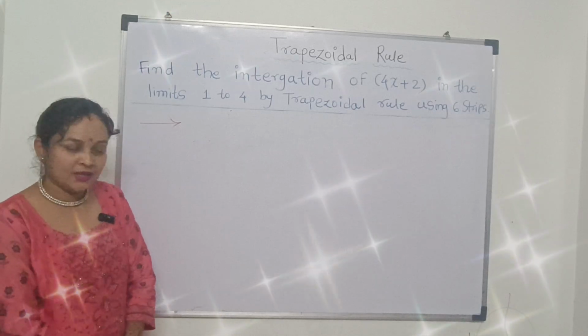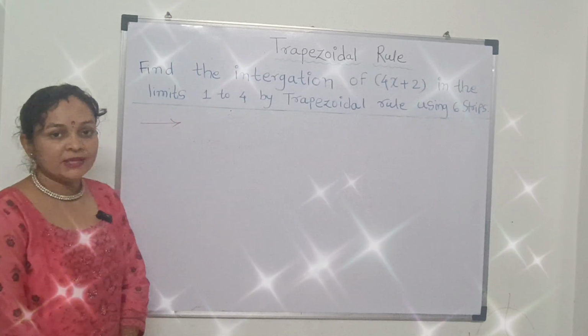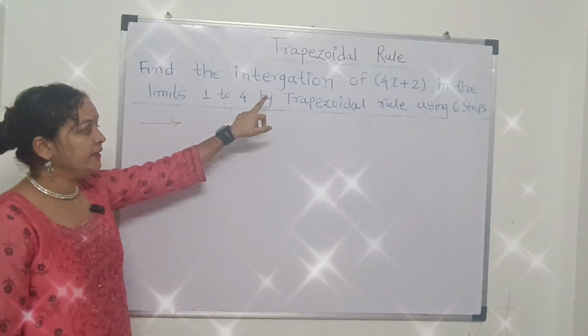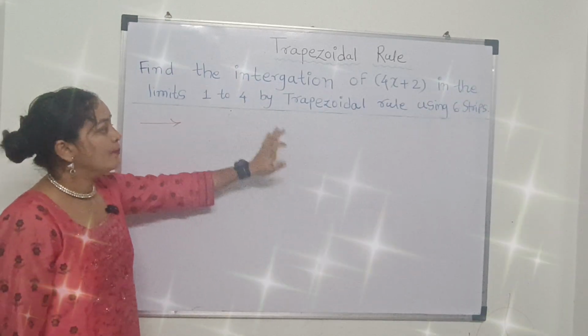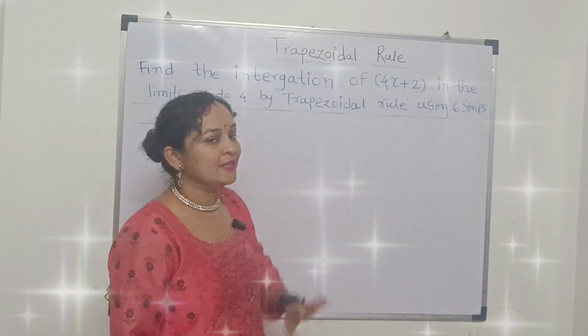For the numericals, they have mentioned the numerical statement. Find the integration of 4x plus 2 in the limits 1 to 4 by the trapezoid rule using 6 strips.